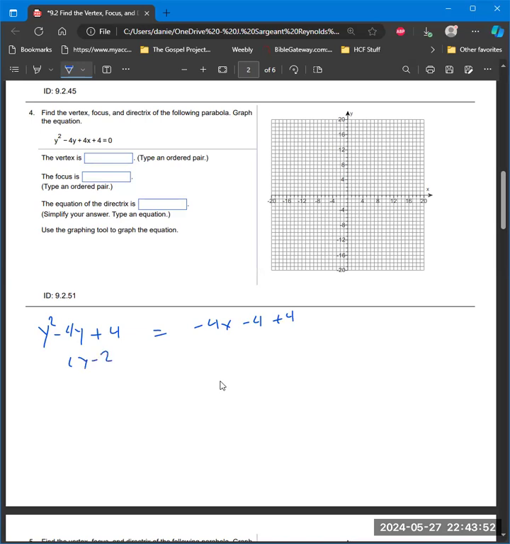So (y minus 2) squared equals -4x. And this means that the vertex is at (0, 2). And my a value here is -1, meaning that my focus is going to be at (-1, 2).